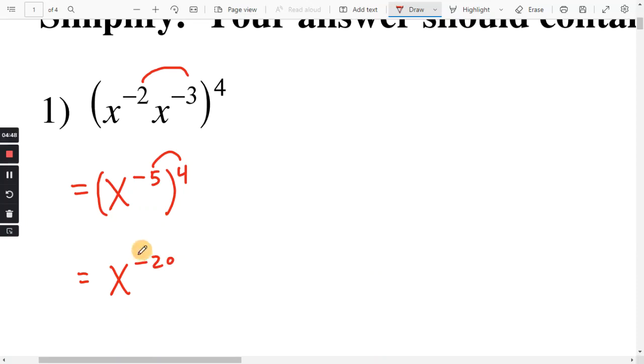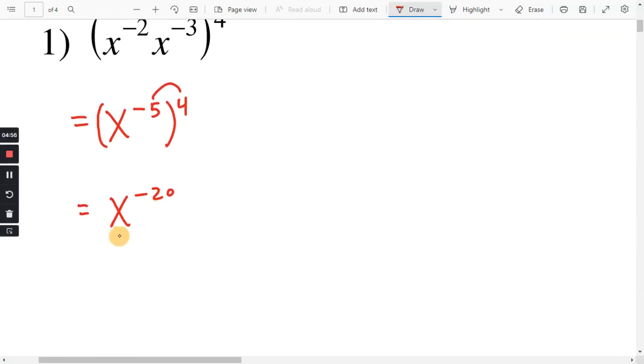And finally we said for negative exponents, you can shift the whole thing into the numerator or denominator. So I am going to put x to the negative 20 divided by 1. And what I'm going to do is take this whole thing and move it into the denominator and then change the plus-minus sign on the exponent.